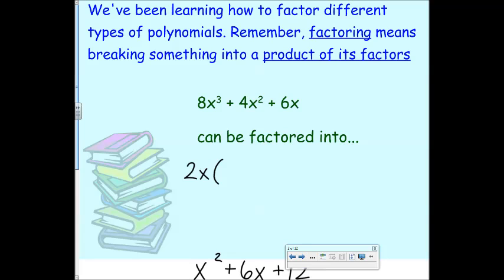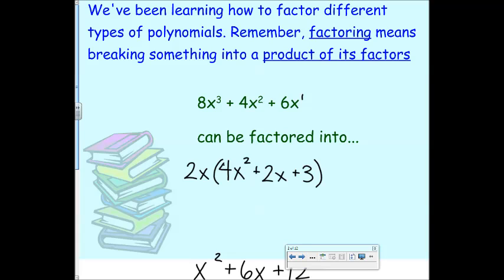I can't, because this one doesn't have an x to the 2nd, so I couldn't factor that out. So this would give me 4 what? 2. Okay. Good. Okay, so the x's all decreased by 1.